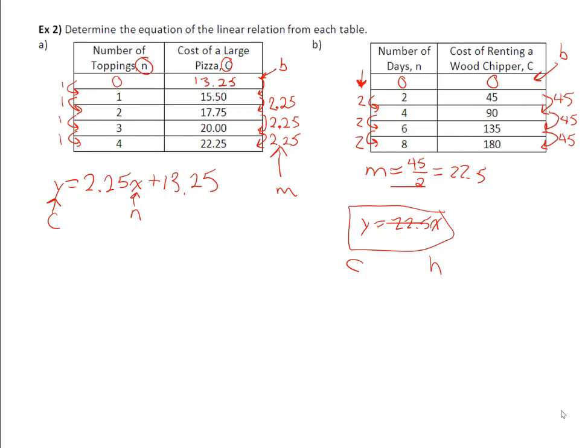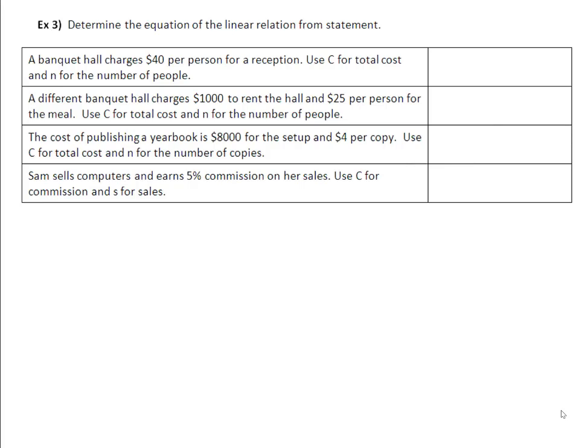Okay, moving on to the next one. Example 3, determine the equation of the linear relation from the statement this time. A banquet hall charges $40 per person for a reception. Use C for the total cost and N for the total number of people. In this case, I would be picky about how you label your variables because I say very clearly to use C and N. C would be the total cost.